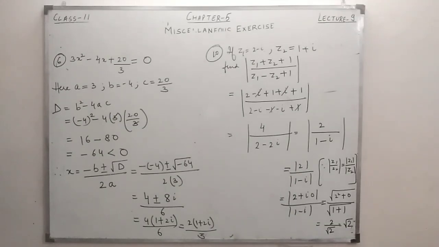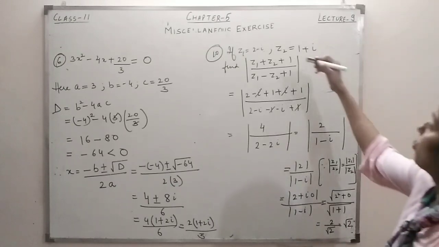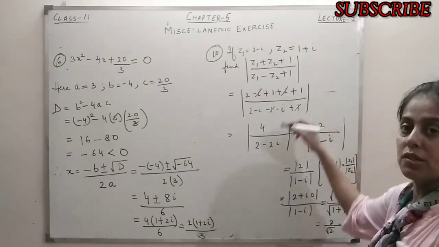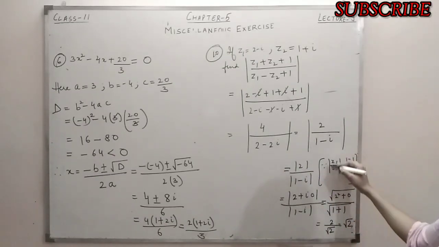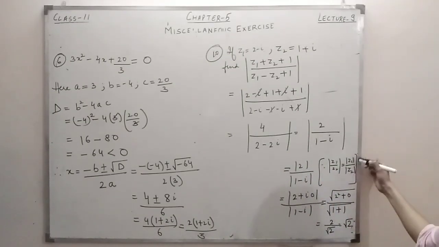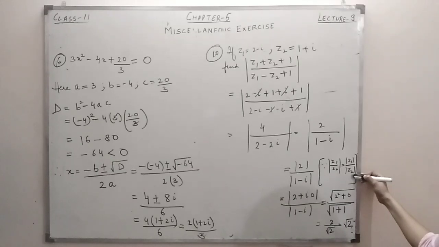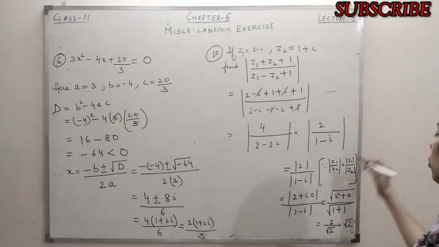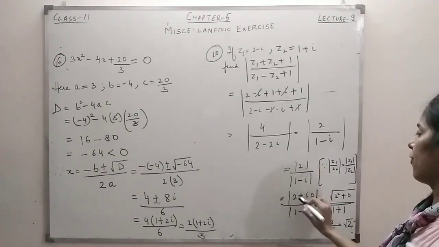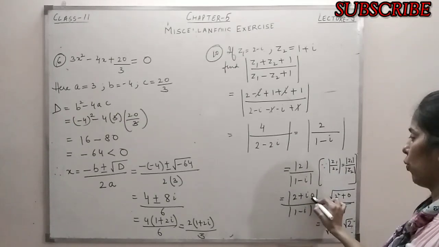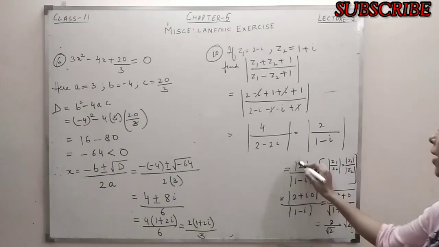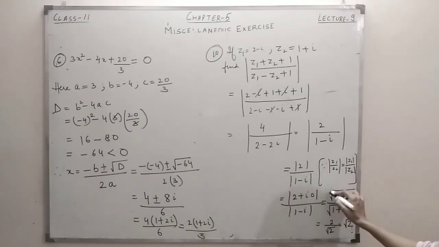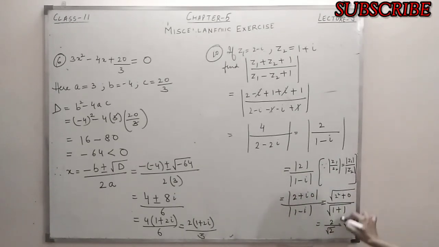Right? So like this we have to simplify it. Here Z1 and Z2 are given. We have to put the values of Z1 and Z2 and simplify it. Because of the modulus, we can write that modulus of Z1 upon Z2 is equal to modulus Z1 upon modulus Z2. So here 2 we can write as 2 plus iota 0, that is, the imaginary part is 0, or directly you can also write it as the modulus of 2, that is the square root of 2 square, that is 2 only.